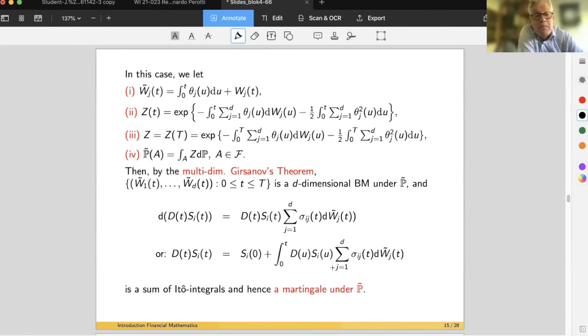And this is a sum of Ito integrals, and therefore this discounted i-th stock price process is a martingale under P tilde. And that is what we wanted to achieve. You recognize that this is a clean generalization of the one-dimensional case. Nothing strange going on.